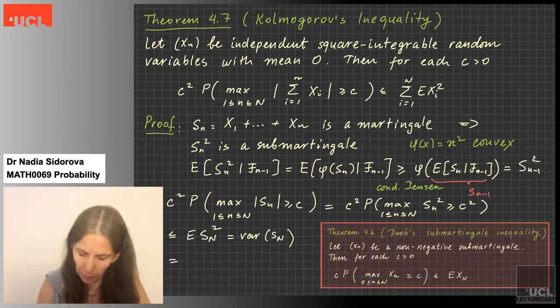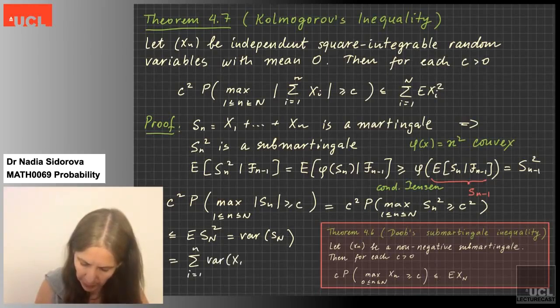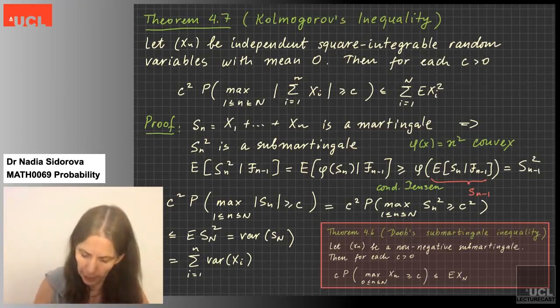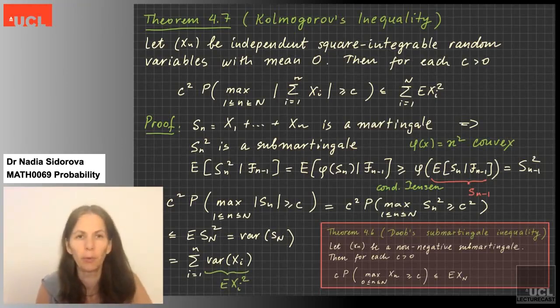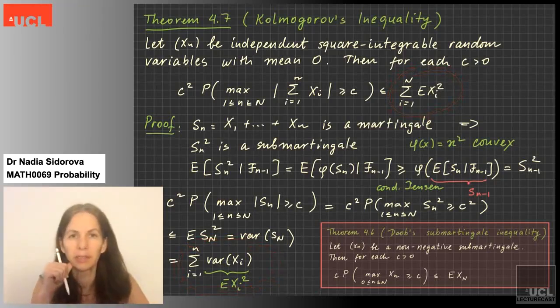We know if we have a sum of independent random variables, then the variance of the sum is equal to the sum of the variances, of the variances of Xi, and this is the same as the expectation of Xi squared because they all have mean 0. So this sum is exactly the one here, and this is the end of the proof.